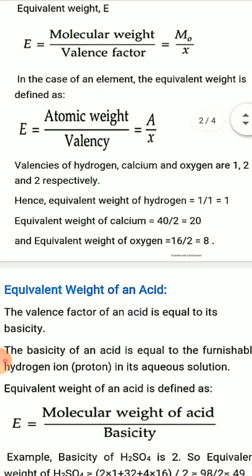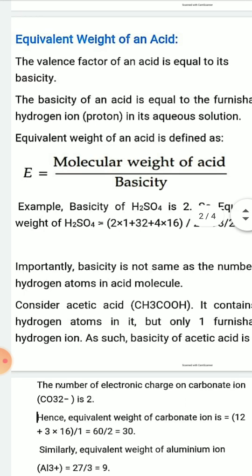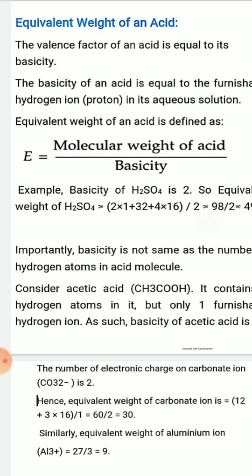Now equivalent weight of an acid. Equivalent weight of an acid is equal to molecular weight of the acid divided by basicity of the acid. Here you have to exchange the valence factor in terms of basicity.